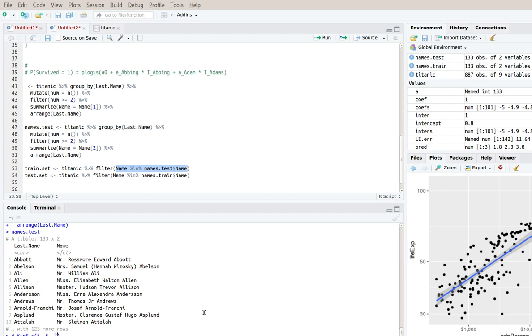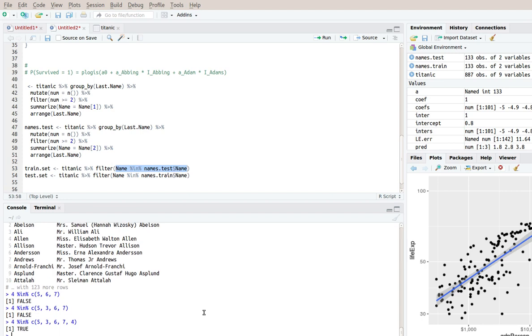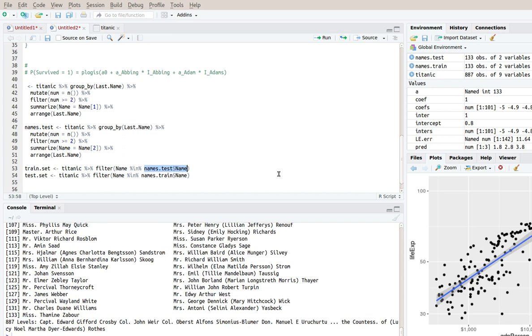This is going to be false, but if you have a 4 here, then this is true. So basically, I'll filter and say I only want people with names that are present in this vector of names. That would be for the train set, and I'll do this for the test set.